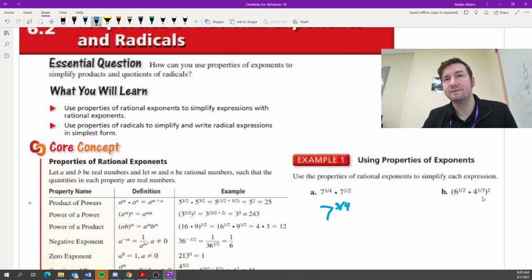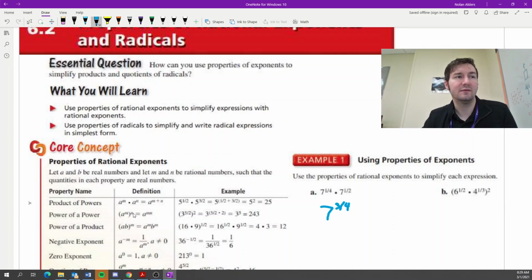Over here with this one, notice that we don't have the same base, so we can't use the product of powers. Another thing we could look at is, do we have the same exponent? Because if we do have the same exponent, then we could use this property right here to combine the bases. But we don't have the same exponent. And then we're taking this whole thing and raising it to another power.